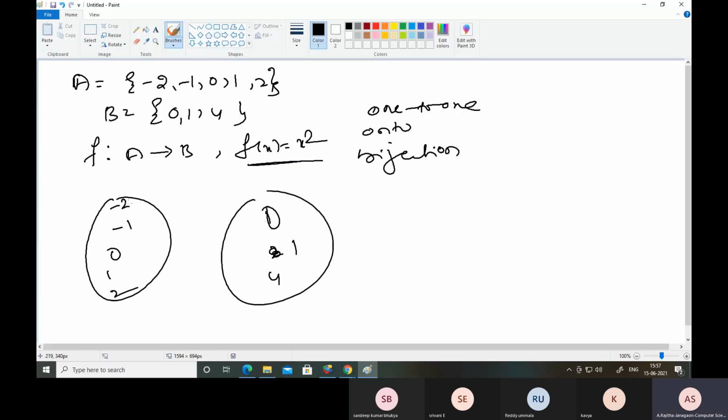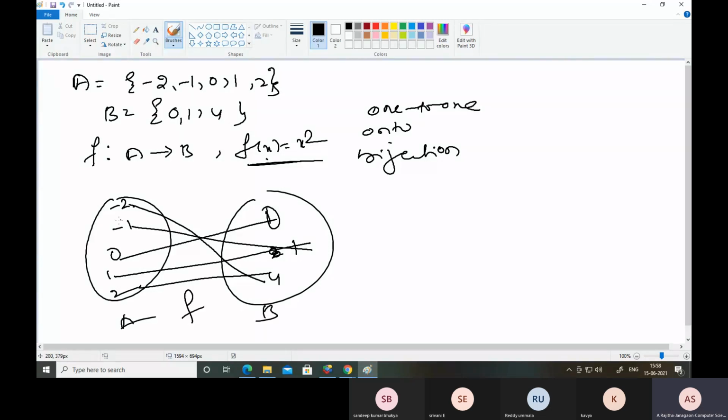Now you can observe here -2. This is -2 whole square, that is 4. -1 whole square is 1. So 0 goes to this one, 1 goes to this one, and 2 goes to this one. If every different element is related to a different element, then this is one-to-one.